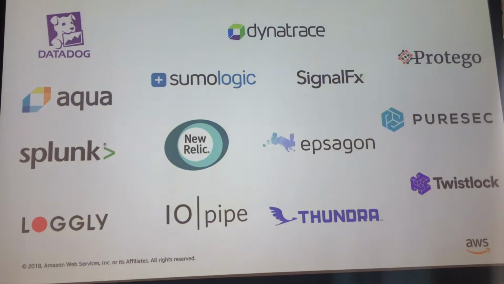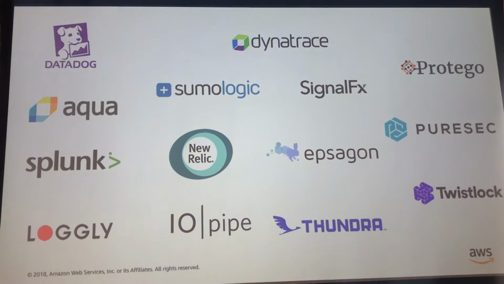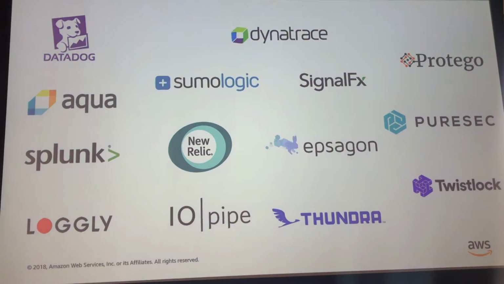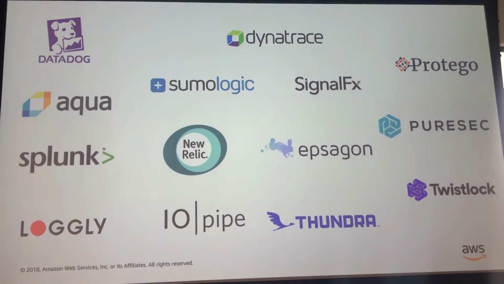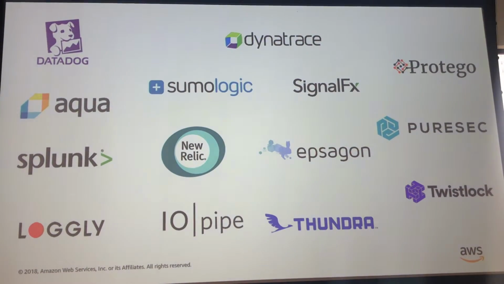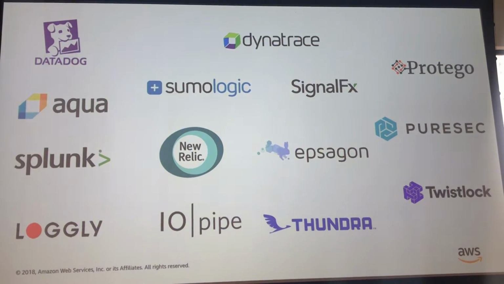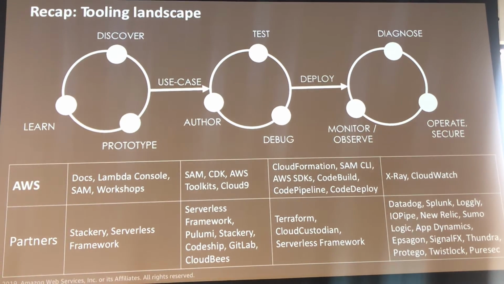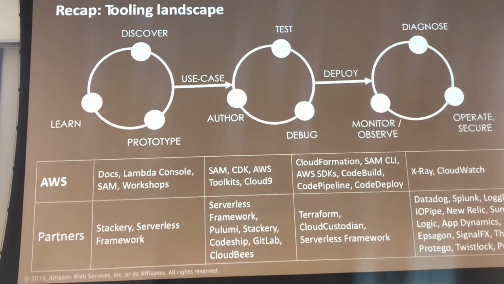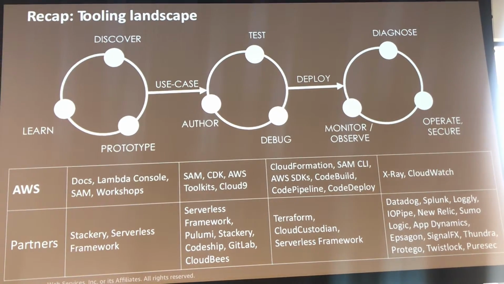If you've ever looked at the monitoring space, there's a fair amount of monitoring partners out there. Some of them are very differentiated in how they're doing certain things. I work very closely with Epsagon and see how they're really helping with microservices and serverless architecture application monitoring, which is something you'll actually stand up and put in today. So this is just a little recap. There's quite a bit of information that I covered in a short period of time.